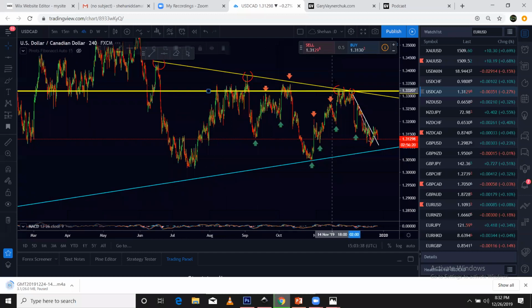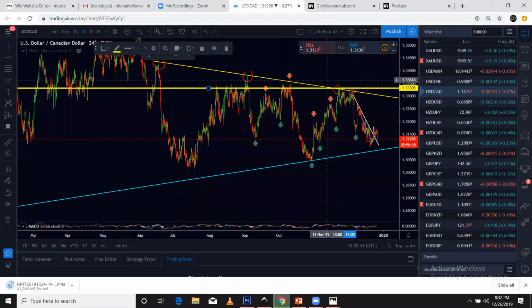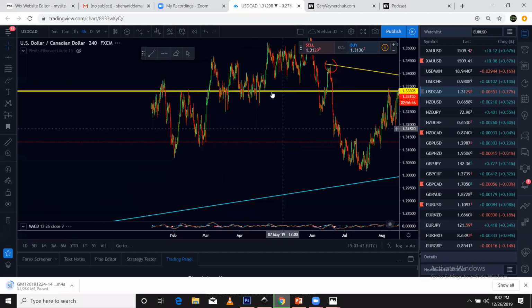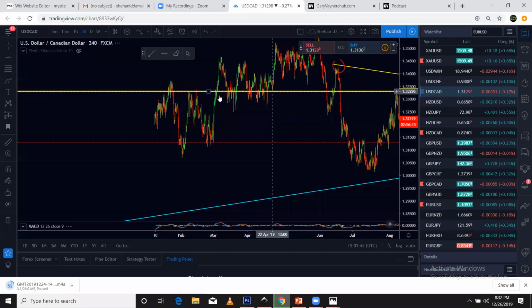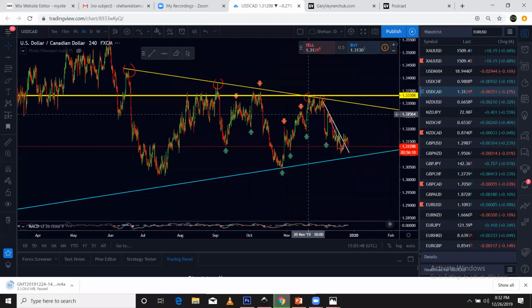If I go back to the past, I can see that the line is a really good support and resistance line. So I have the trend line, I have the support and resistance line, it crosses each other. That means there's more strength in that area, so the market should definitely reverse. That's how we get an overall idea.